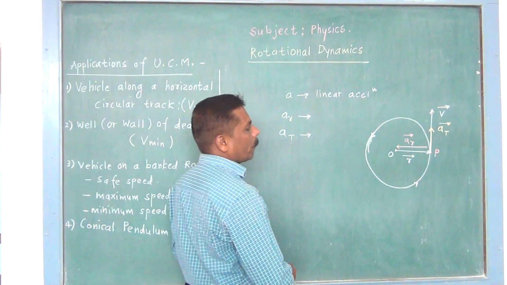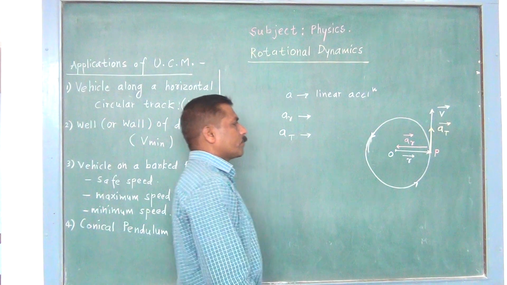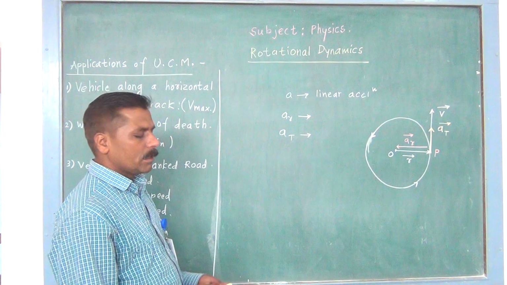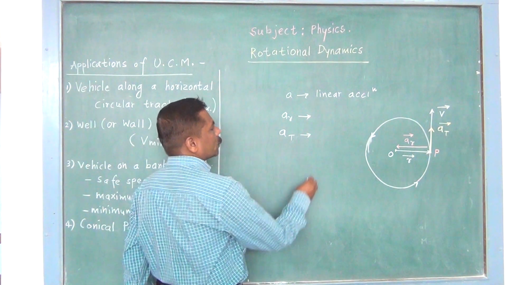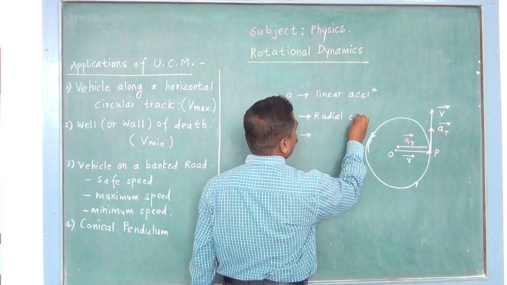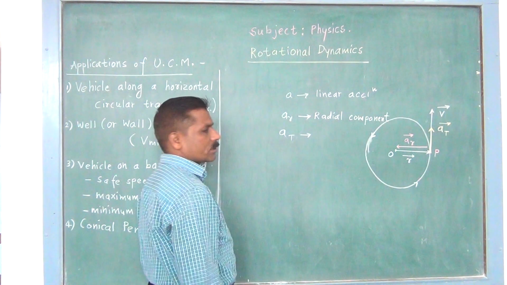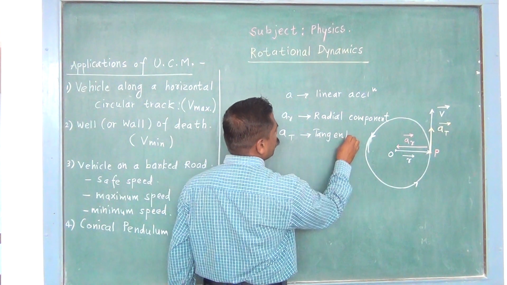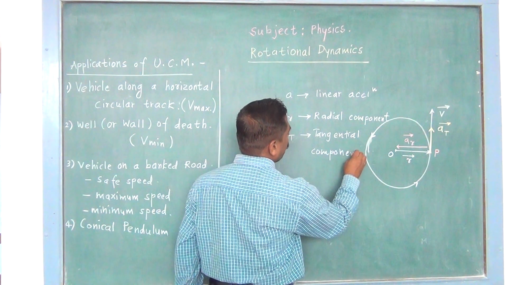If you observe this radial acceleration and this tangential acceleration, they are always perpendicular, because we know the radius tangent perpendicularity theorem. So this is a linear acceleration. It is called the radial component of linear acceleration, and this is called the tangential component of linear acceleration.